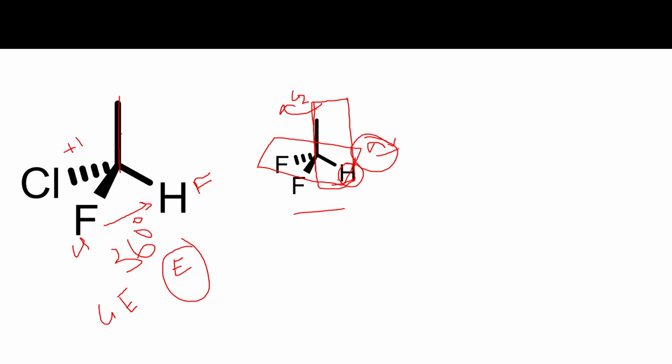Sir, sir, please repeat the second one. How does 180-degree rotation give an indistinguishable structure?